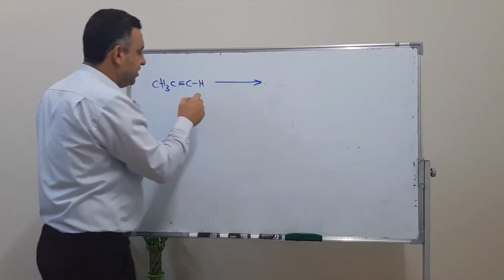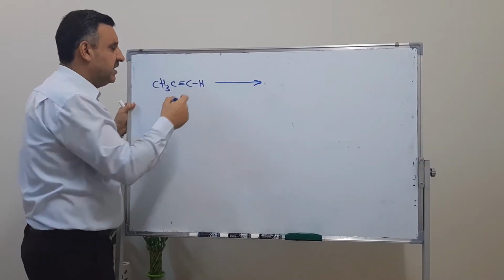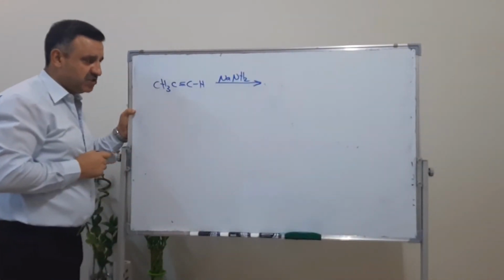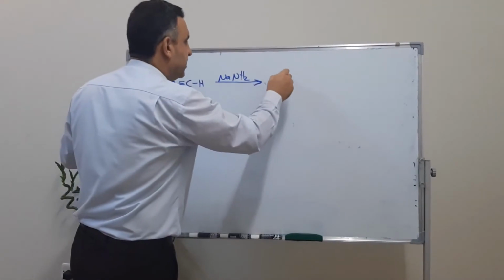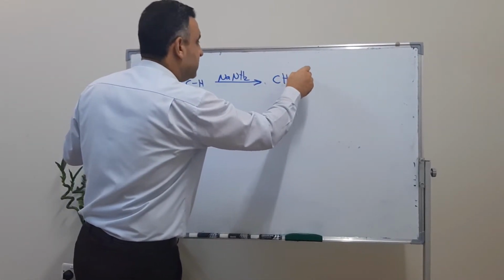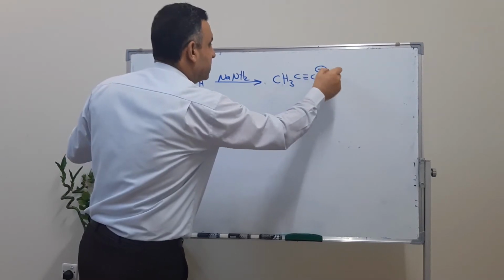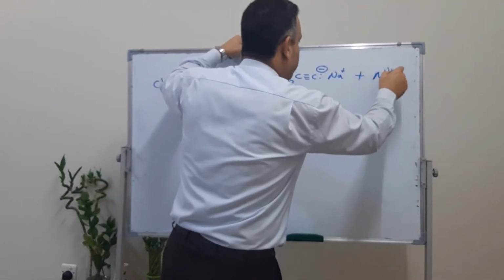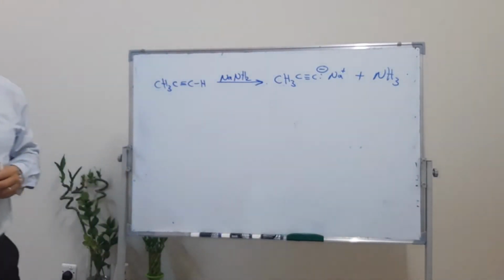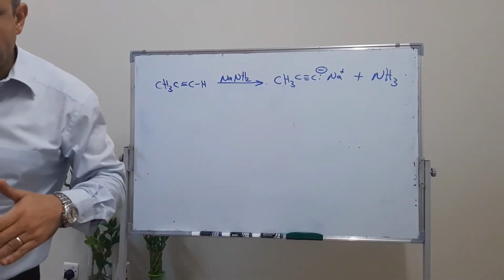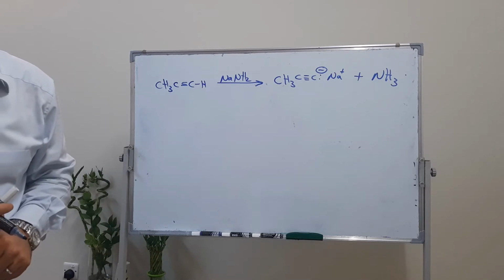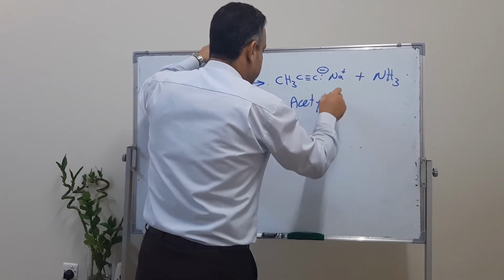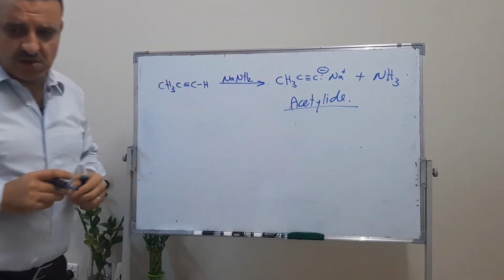Because it has good acidity, when you allow it to react with a strong base such as sodamide, NaNH2, you get the corresponding CH3, C triple bond, C minus, Na plus, and ammonia. This anion is always called acetylide.